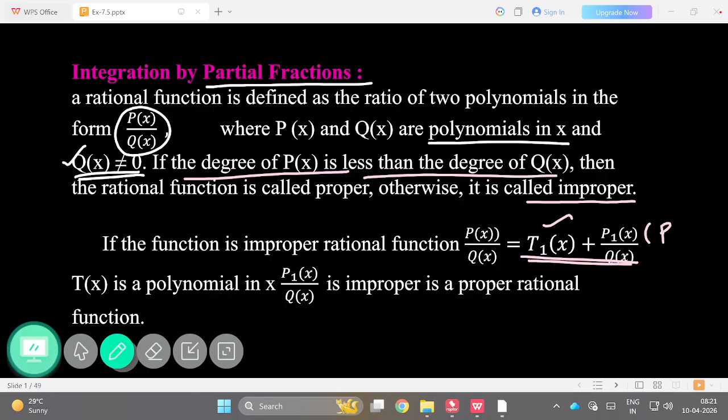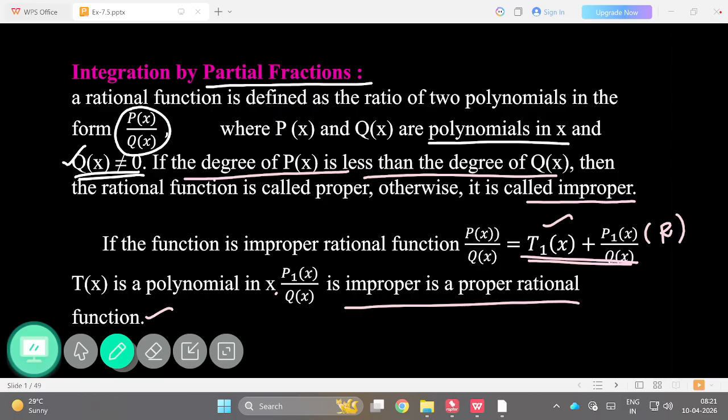This is the remainder after dividing the given polynomial. Then p(x) is a polynomial in terms of x, p1(x) by q1(x), a proper rational function.